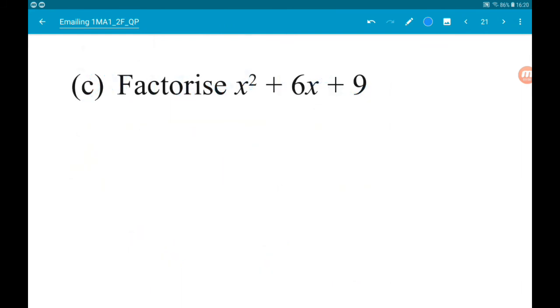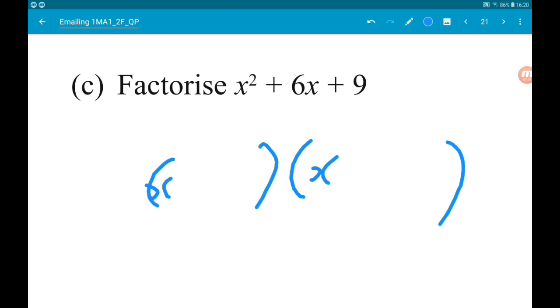Okay, then for part C, we want to factorise x squared add 6x add 9. So that means put that into brackets. So with quadratics, you need 2 pairs. We have 1x squared, so each bracket just has 1x.